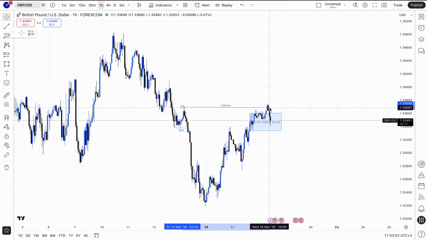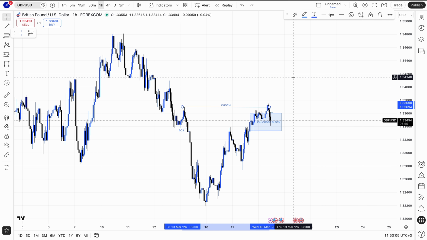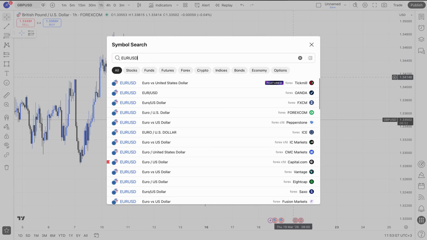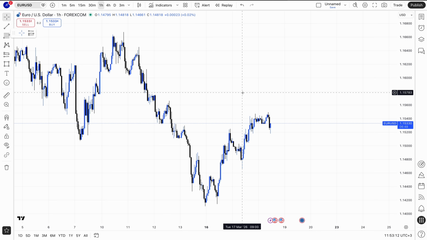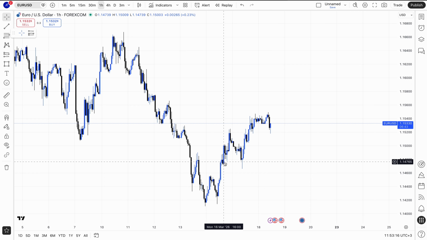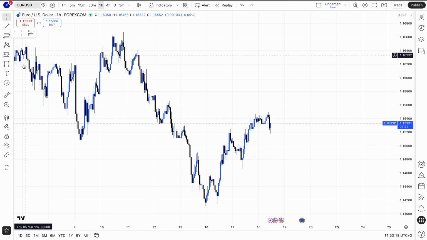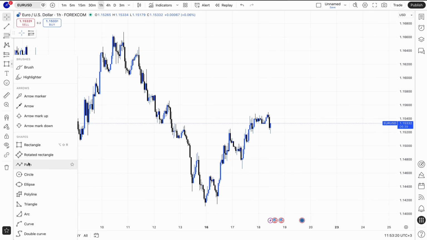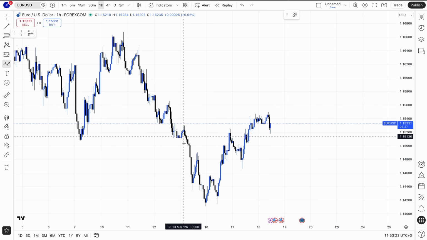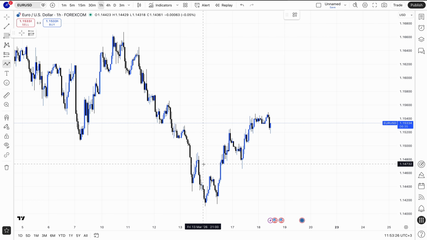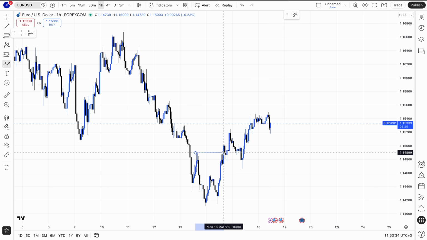Okay, the next pair is EU. For EU, price action is very simple, because we got that shift to the upside external structure on Monday. And right now, if you see closely here, you understand that external structure, the market shifted to uptrend from here, right?